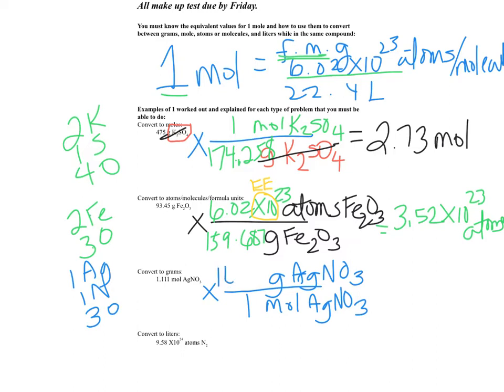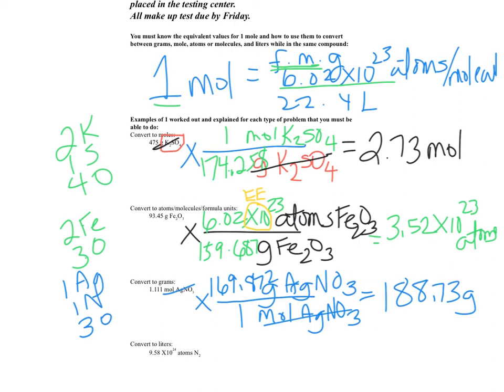That value is 169.872. So that'll allow your moles to be canceled out by moles of AgNO3 to equal 188.73 grams of AgNO3.